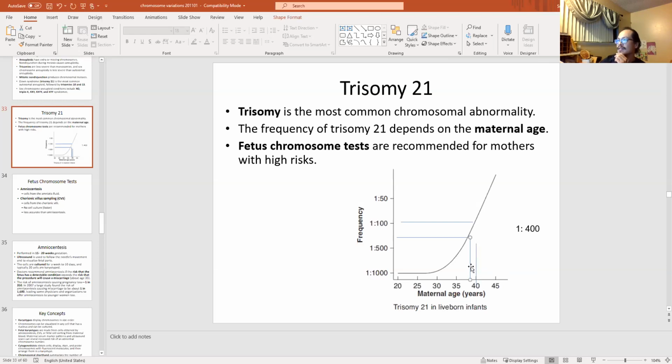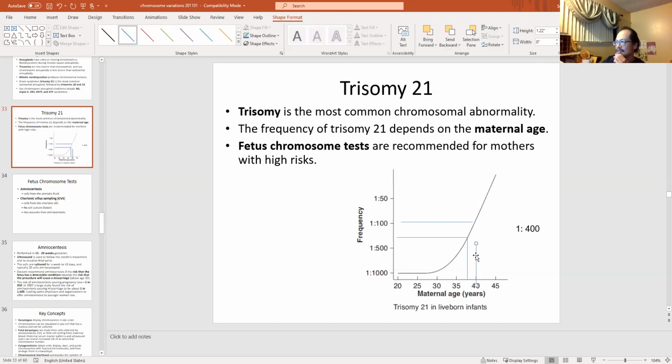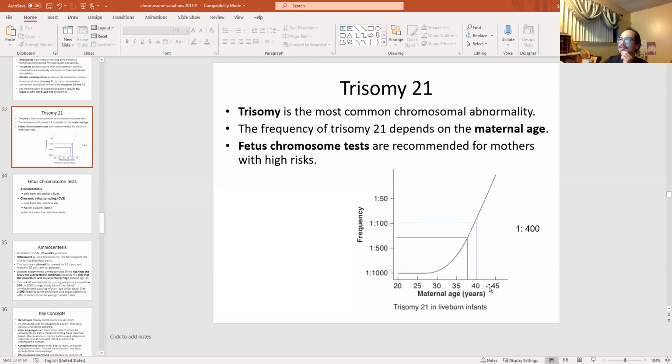So that is the risk. If this woman is 40 years old, then she will have a chance of what? Say 1 in 100. Just 100, make it easy. Then which risk is higher?